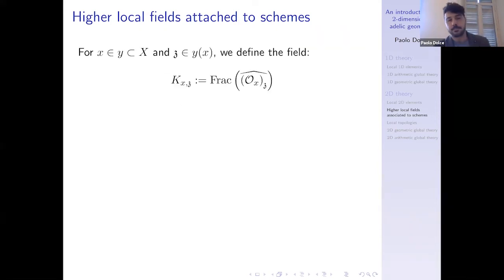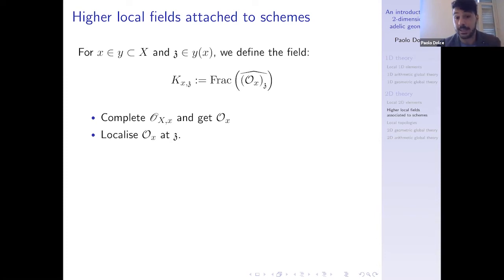So okay, now we fix a point, a curve containing that point, an integral curve, and then also we fix a local branch. And then we have the local data kxz that will be obtained this way. So you take the local ring, you complete, then you get curly OX.